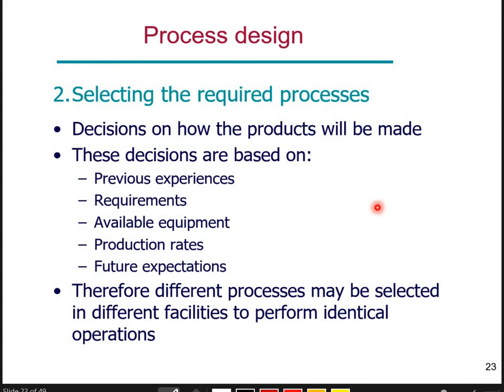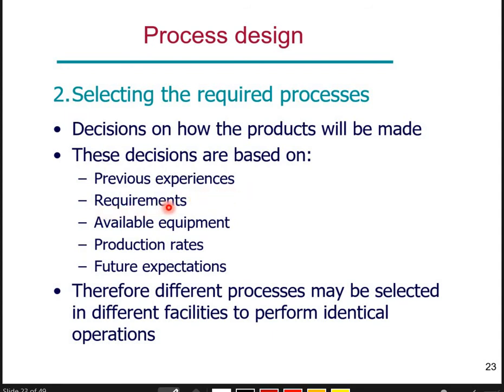Of course, it is difficult, but the products are usually similar to each other in one sense. If you want to produce a remote controller, it consists of some plastic parts, some electronic parts, and etc. And even if you haven't produced a remote controller before, from your previous experience, you may say that in order to come up with this product, we need these kinds of processes.